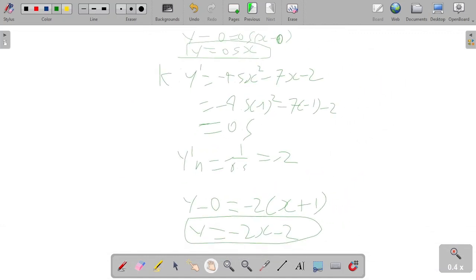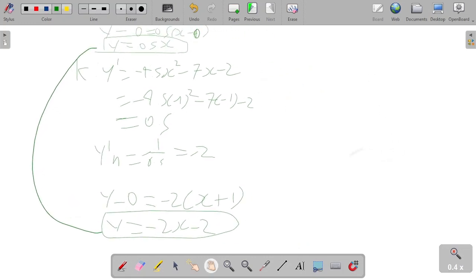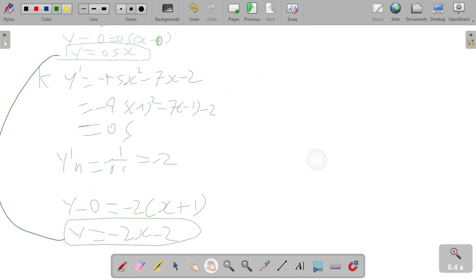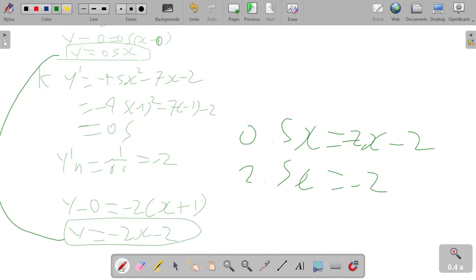Now we have both of these. Now we have to equate them to get their intersection. So 0.5x is equal to negative 2x minus 2. So 2.5x is equal to negative 2. X is equal to negative 0.8.